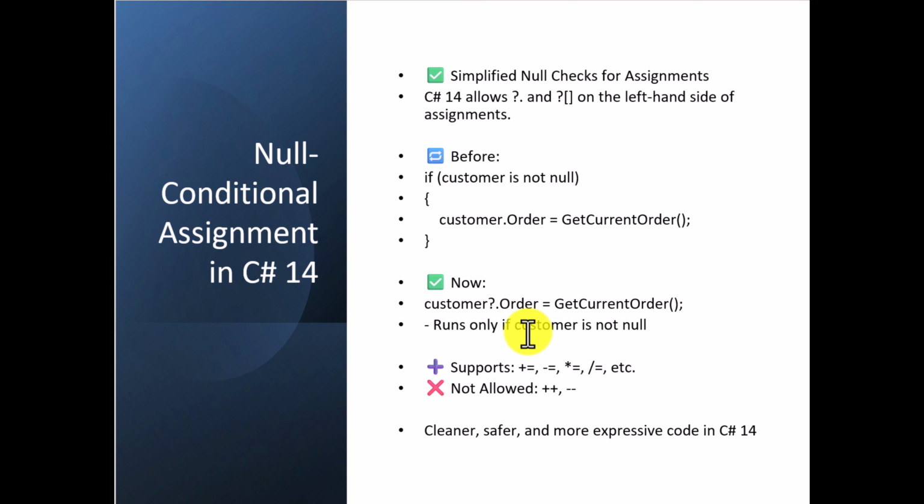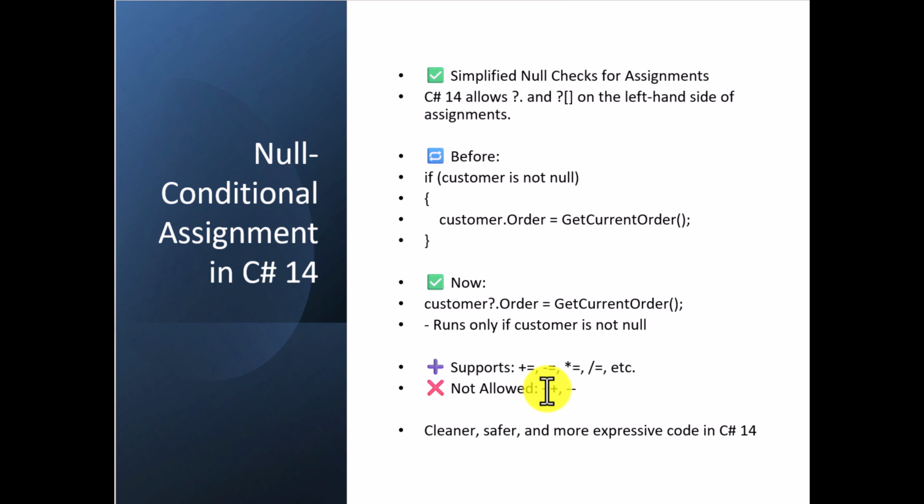This greatly reduces boilerplate code and makes it easier to read. Additionally, compound assignments like plus equals, minus equals, asterisk and slash equals are also supported, but increment and decrement operators like plus plus and minus minus cannot be used with the null conditional assignment operator. Overall, this update helps to write safer and clearer code, especially when working with deeply nested or optional objects.